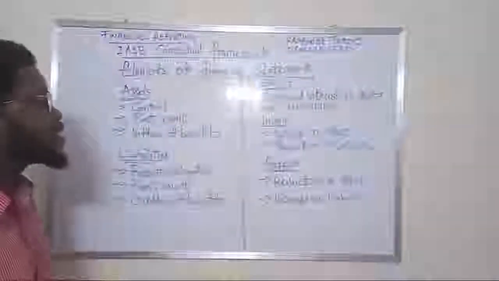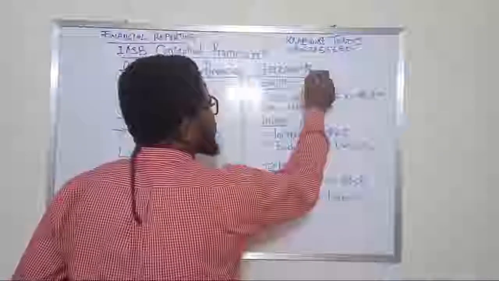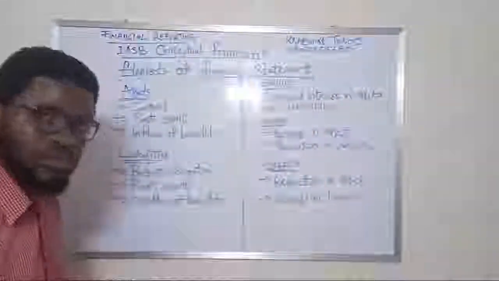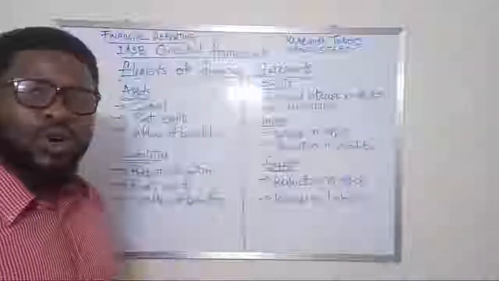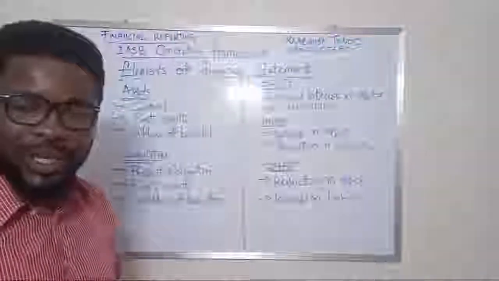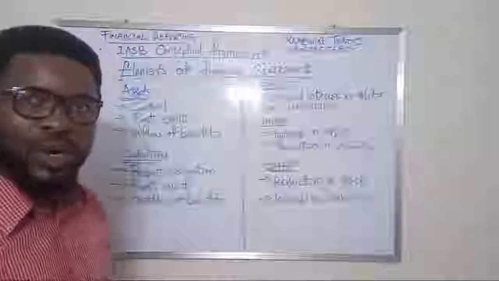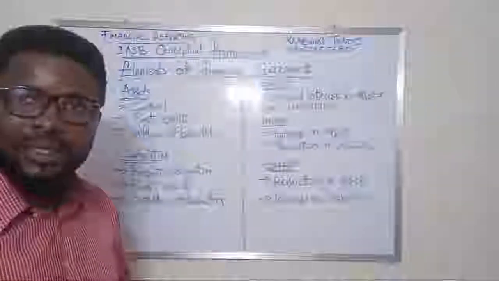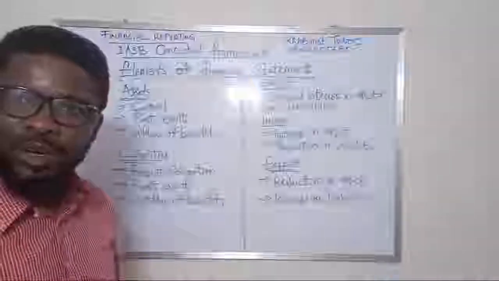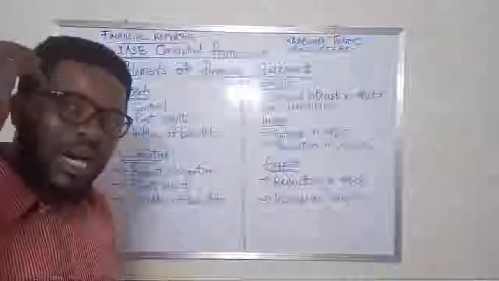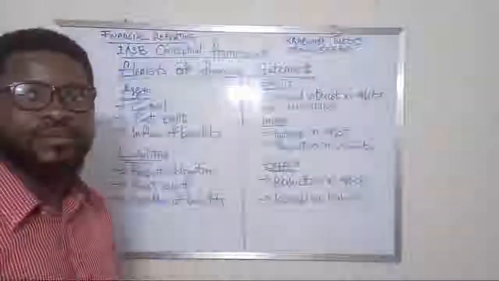Elements of your financial statements. After this, we're going to look at the format of the financial statement. I'm sure you're very well versed in it, but I don't want to assume. Because one of the keys of financial reporting is you have to have the format in your head.